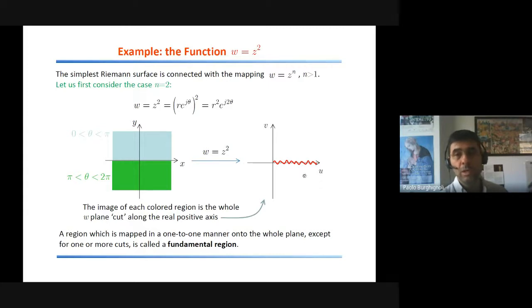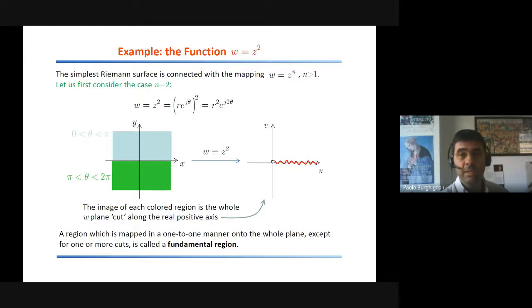So in the complex w-plane that you can see depicted on the right, you cover the entire plane, because theta now goes from 0 to 2 pi, so you make the entire tour from the positive real u-axis to the negative real u-axis, okay? Of course, along the positive u-axis, you have an ambiguity, because you could come back either onto the positive reals x or to the negative real x, so you have to choose.